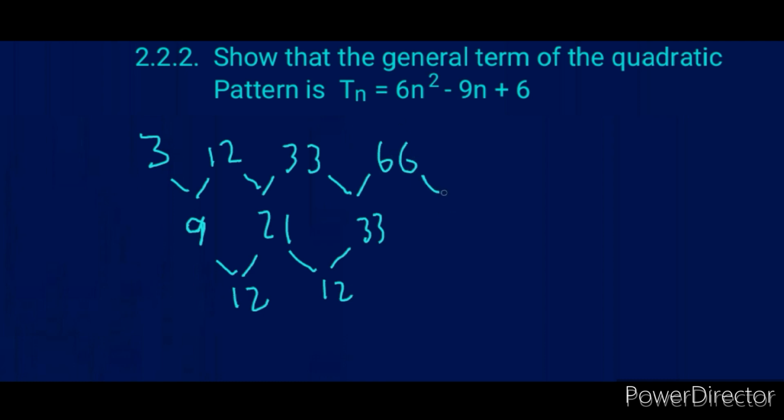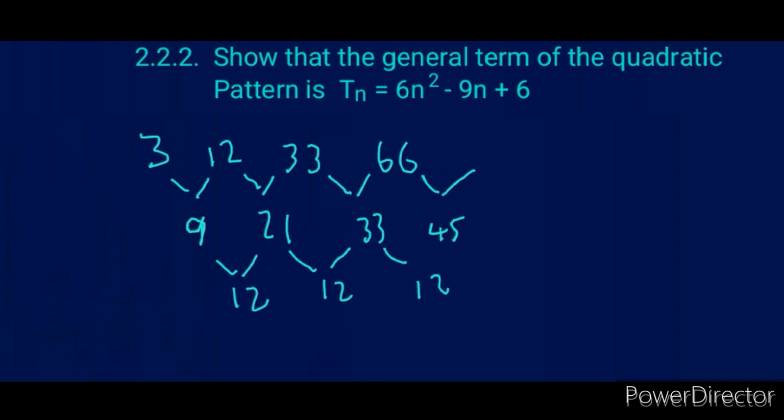Now to get the fifth term, we have to find out what must we add on top of 66. In order to find that out, we add the second difference. So if we add 12, we're going to get 45. Yep, that should be 45. And then finally, we're going to say 66 plus 45.